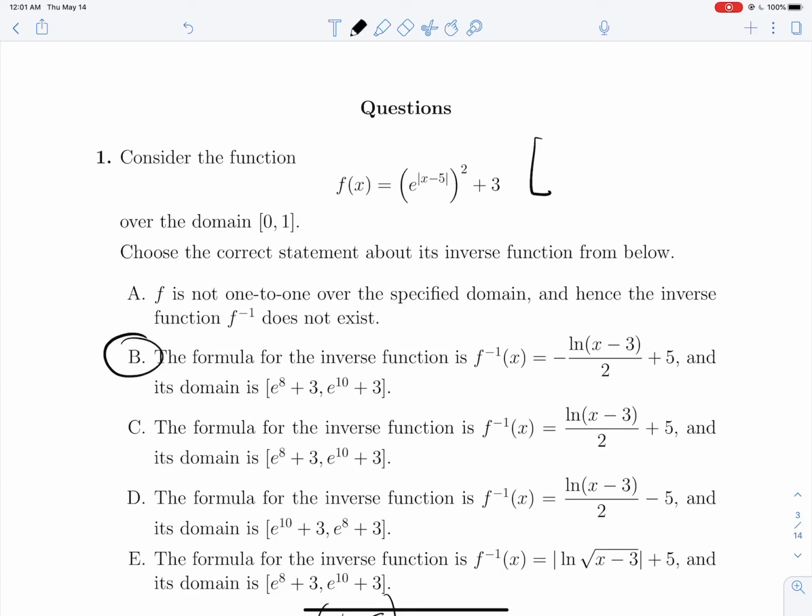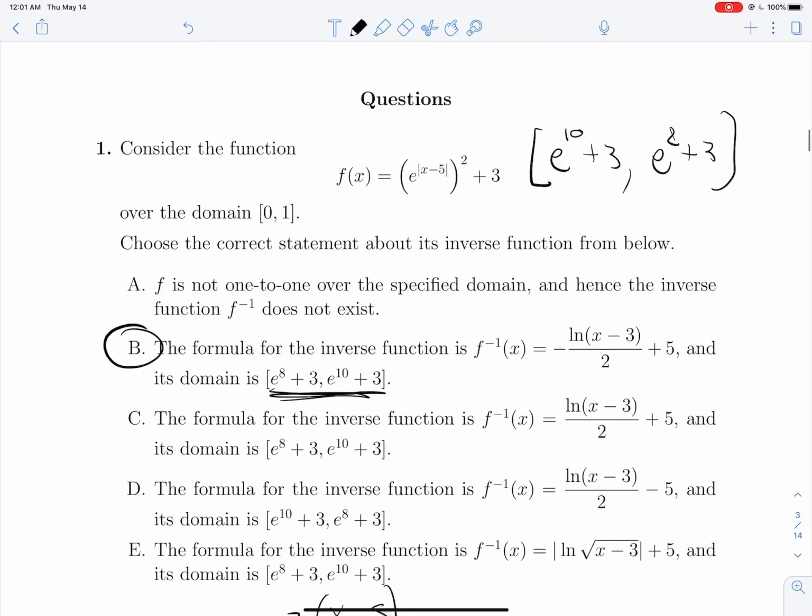So if we plug in 0, we get e to the 10th power plus 3. And if we plug in 1, we get e to the 8th plus 3. So I have these in reverse order, but that is the domain that we are getting right there. So B is our correct answer for number 1, and the answer key agrees.